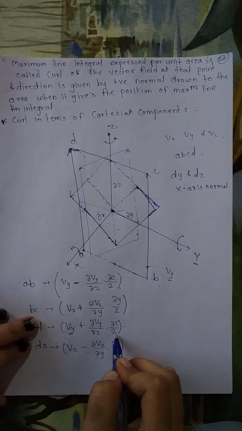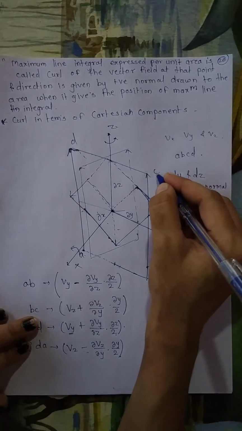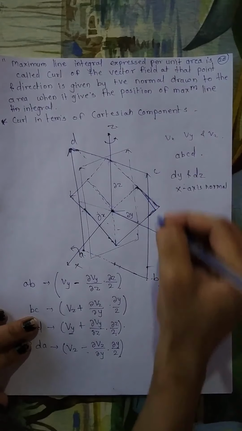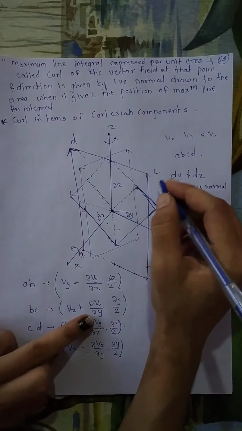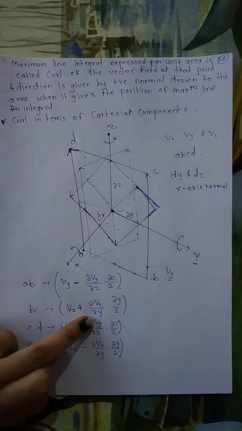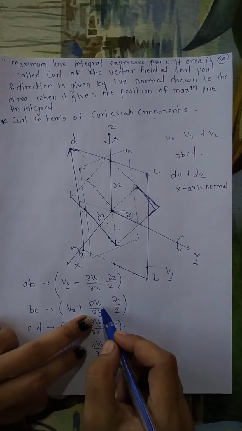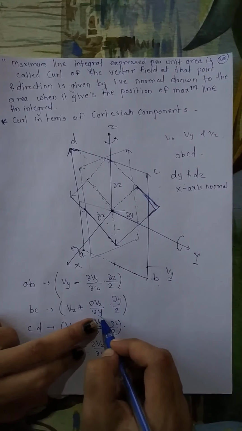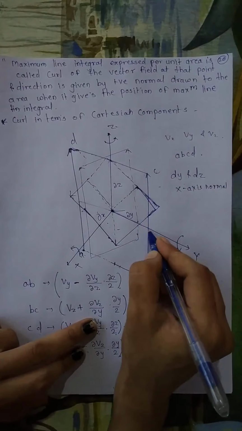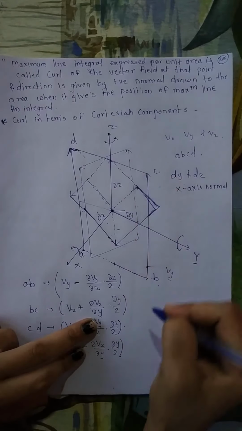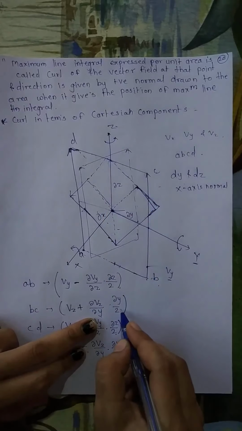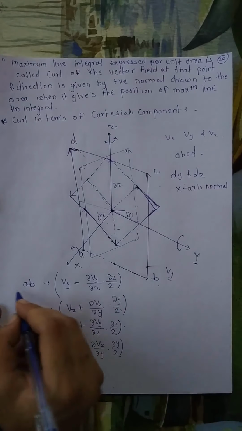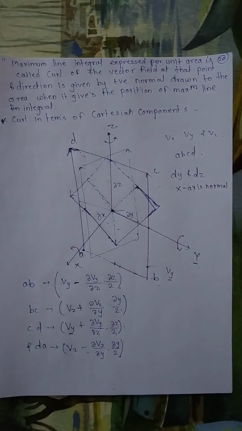Now for side BC, the velocity component will be Vz, and it is in the positive direction, and this Vz is varying with respect to y, therefore the rate of flow of V will be dou Vz upon dou y, and the distance for this side BC, since it is along y, will be dou y upon 2, and in the same way for side AB.